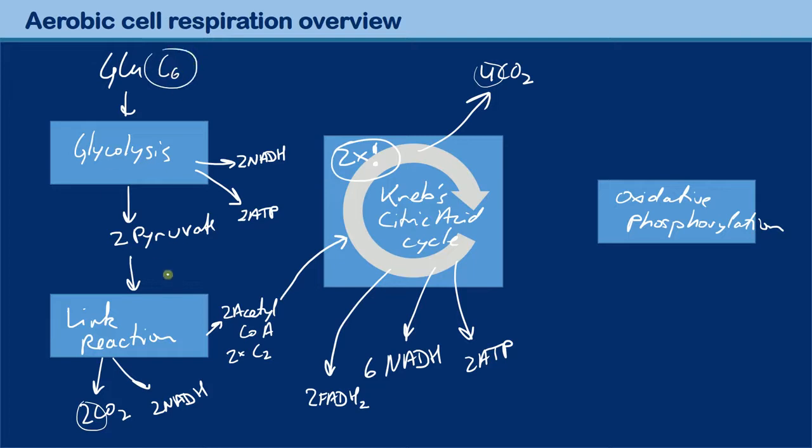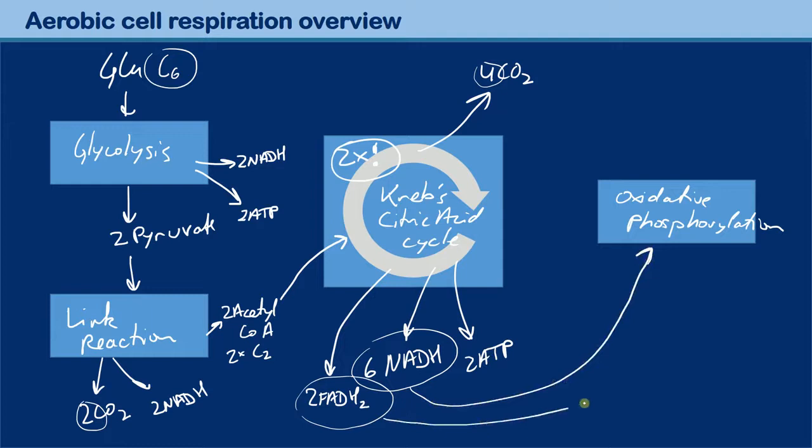Okay, so far I'm fine. The question is now what happens to all of this stuff here? The FADH2 and the NADH, now they go into the oxidative phosphorylation. Okay. I need oxygen, 6 O2, 6 molecules of oxygen, okay, to make 6 molecules of H2O.